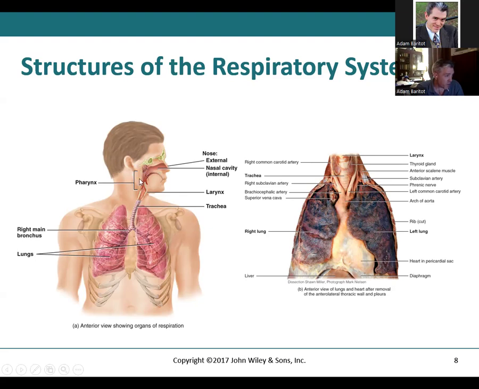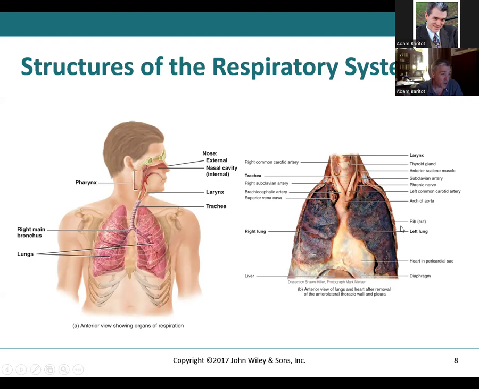Pharynx is that back of your mouth. Causes that gag reflex hanging out in the back of our mouth, leading down to our larynx, where our air will pass through, and down our trachea, where our trachea will divide into right and left main bronchi, and eventually into our lungs. We can see a formerly living creature right here with the same concept.